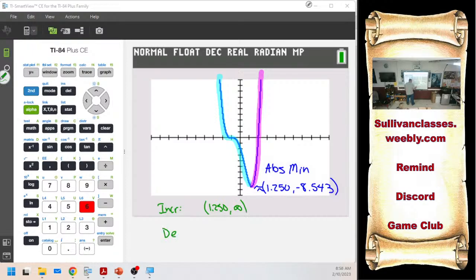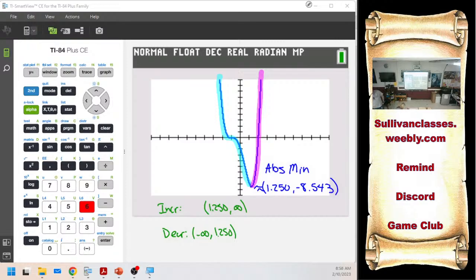It decreases from negative infinity to about 1.250. And remember, these should relatively line up. It should look like a number line when you put all of those intervals together.